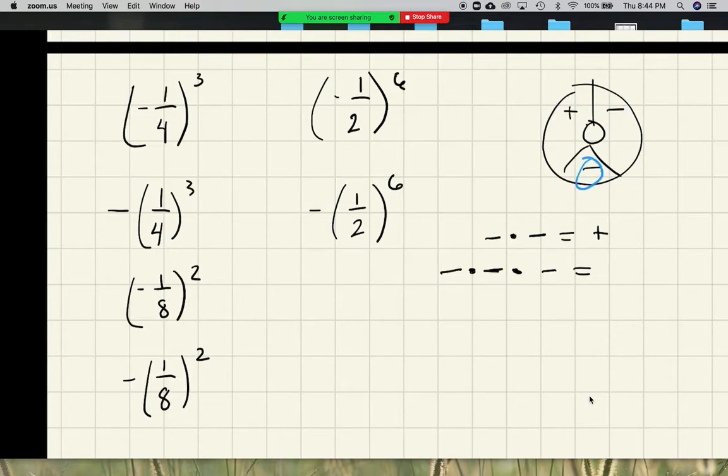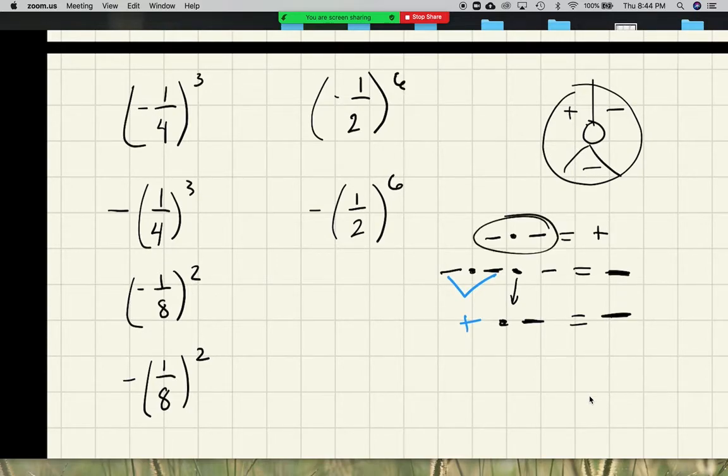So it becomes positive. After I simplify the first part, the rest would be a positive times a negative, and a positive times a negative equals a negative. So that equals negative.